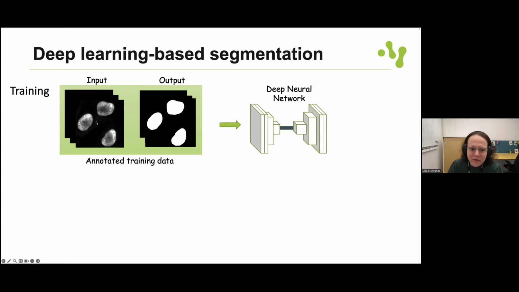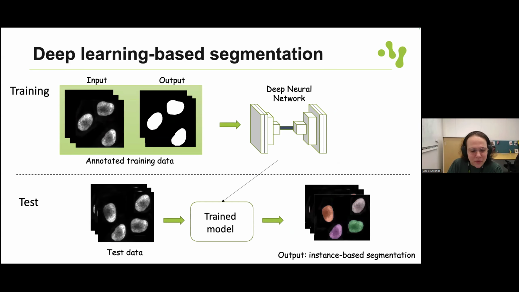What you have to provide is your original image and your annotated data set, for instance, what is the nucleus. Then you train a model, and when you have new test data that was not seen before by the model, it will be able to perform segmentation if you have a segmentation task.